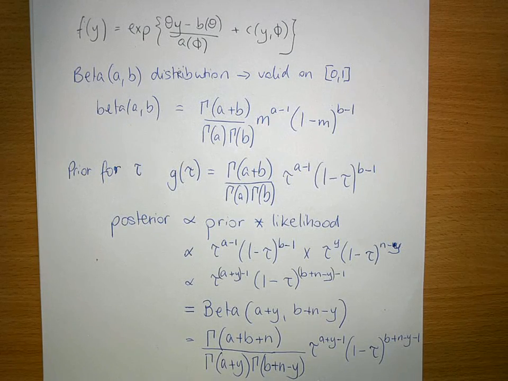And that's sufficient to show that the beta prior is a conjugate prior for the binomial distribution, for binomial likelihood.